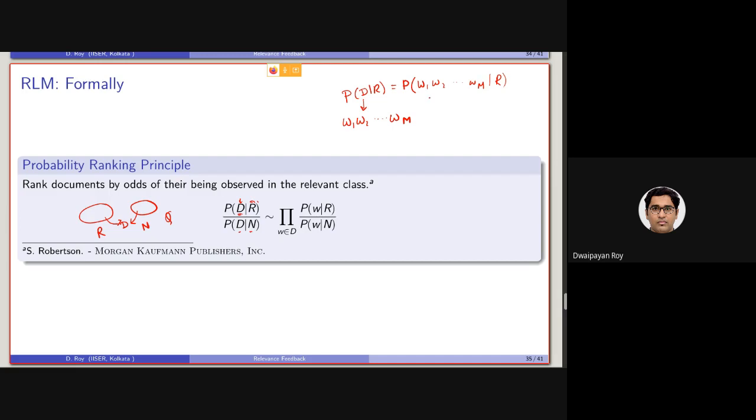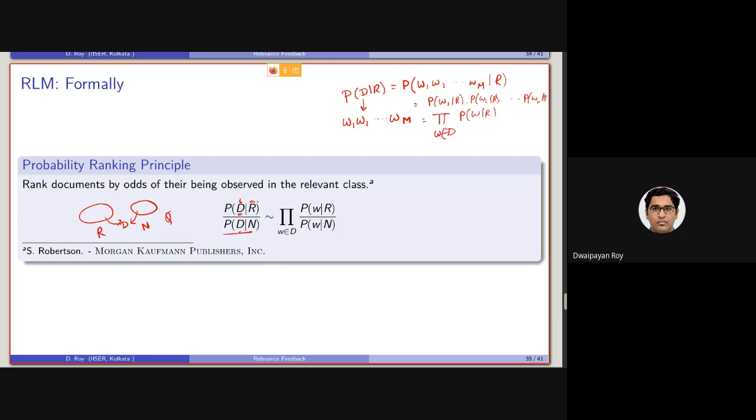So again, considering the word independence assumption, this is probability of W1 given R, probability of W2 given R, up to probability of WM given R, which we can simply write as the product over all W in D of probability of W given R.